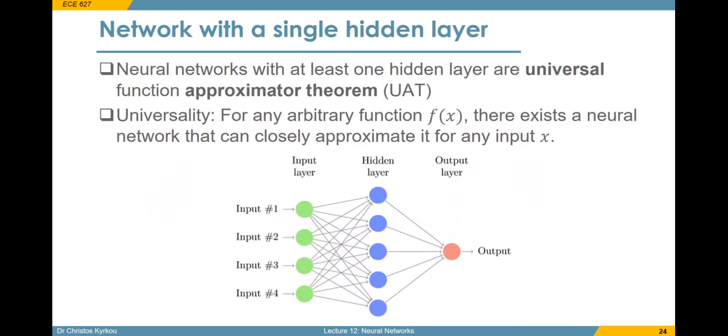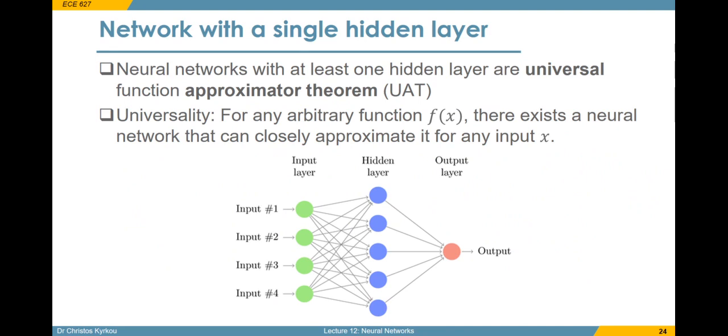So the interesting thing with neural networks is that even with one hidden layer, there is a theorem appropriately named the universal approximator theorem that says that a neural network with one hidden layer can closely approximate any arbitrary function f of x for any of its inputs.